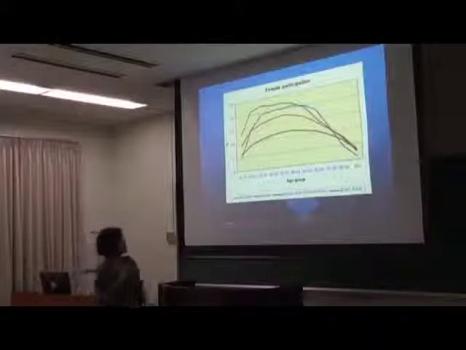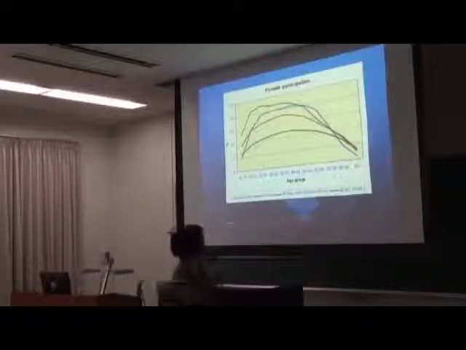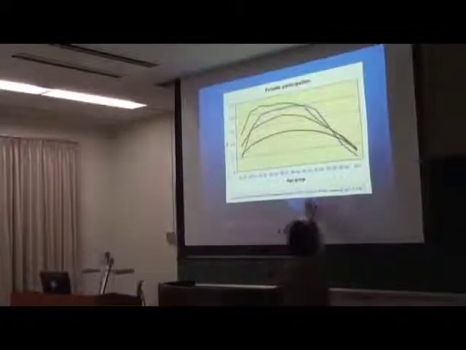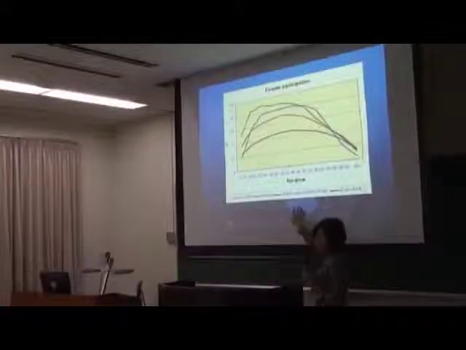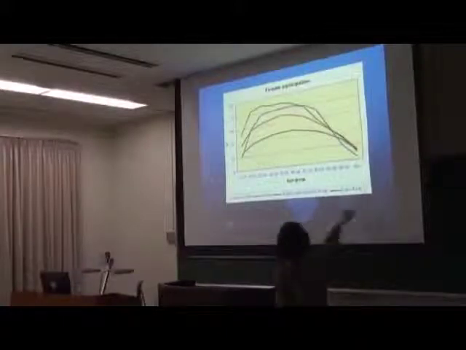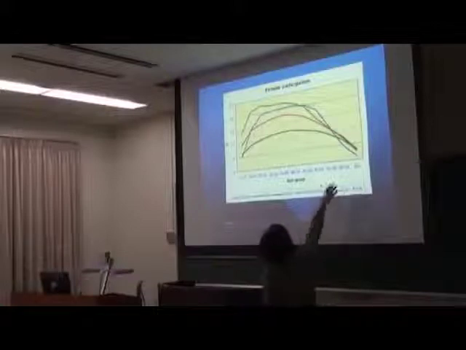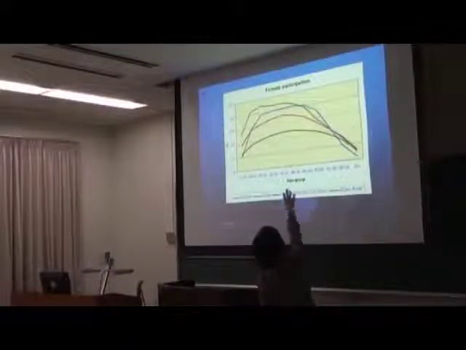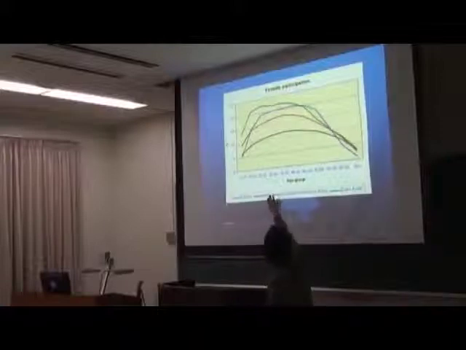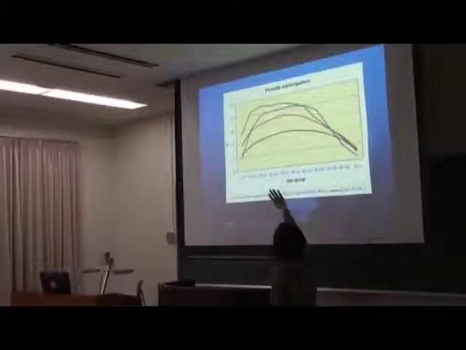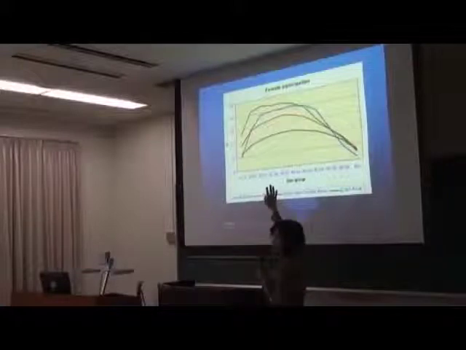So, the difference between East Asia and South and Central Asia; Central Asia is the Middle East. In East Asia, the participation rate was very high. That's why East Asia was the Asian miracle.